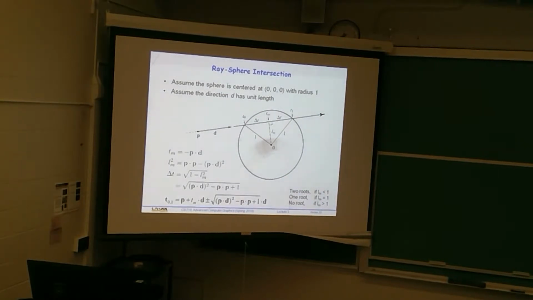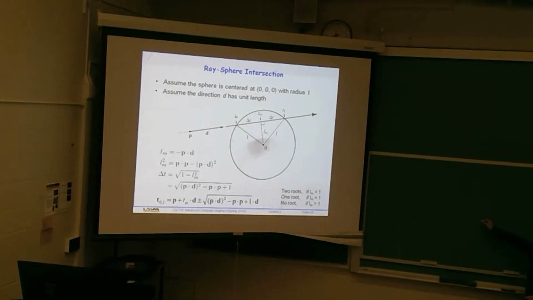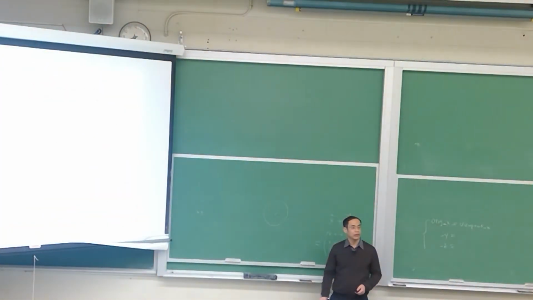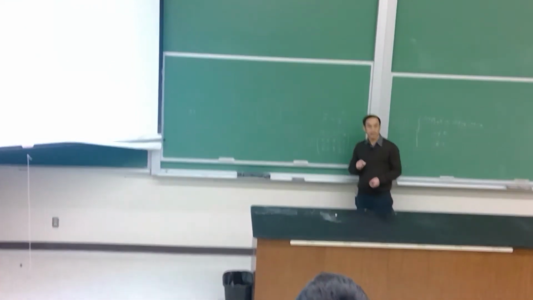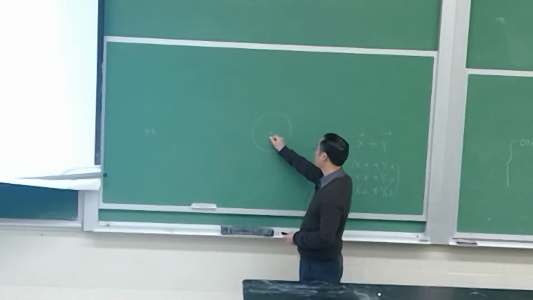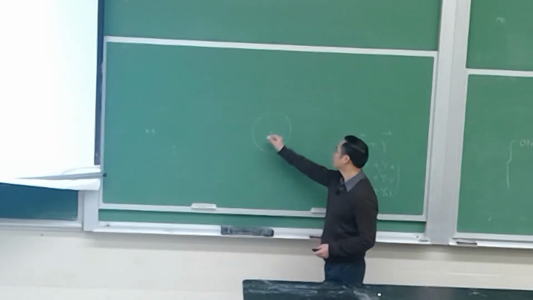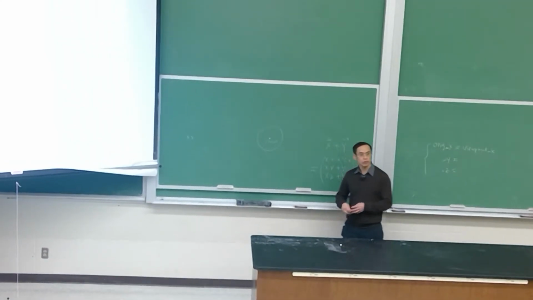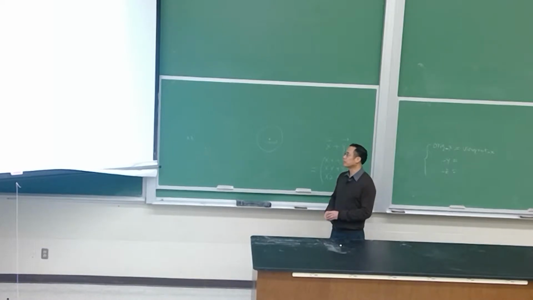In this ray sphere intersection, we assume the sphere is given with radius 1, so it's a unit sphere. We also assume the center of the sphere is exactly the same as the origin of the system, so we have 0, 0, and 0 for the center, just to simplify this calculation.